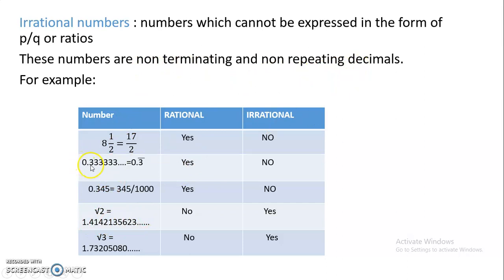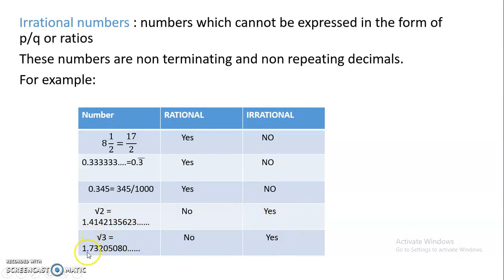Unlike here, 3333 was repeating again and again, but here the digits are not repeating. A 4 has repeated over here, but after that they are not repeating again and again. So this becomes an irrational number.